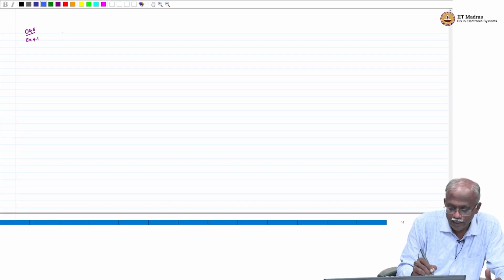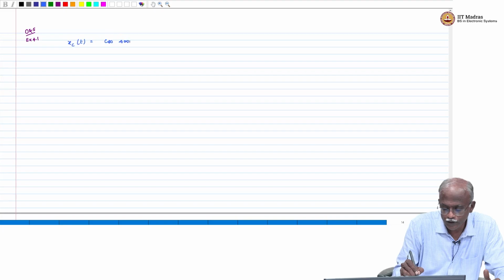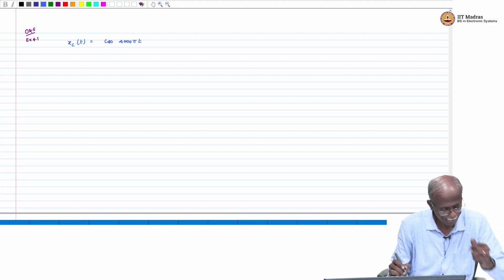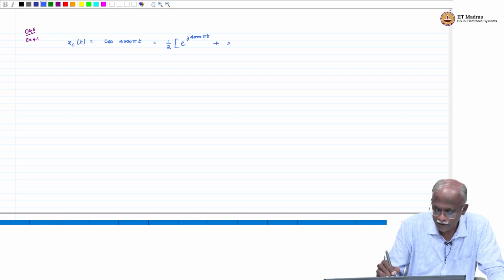We are given a continuous time signal xc of t, which is given by cosine 4000 pi t. Okay. Now, this can be written as 1/2 of e power j 4000 pi t plus e power minus j 4000 pi t.